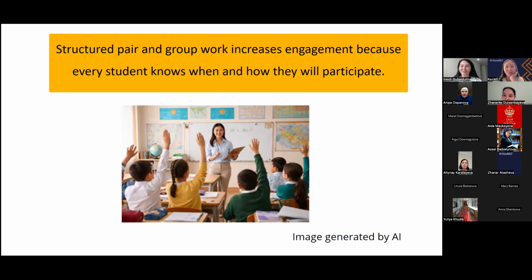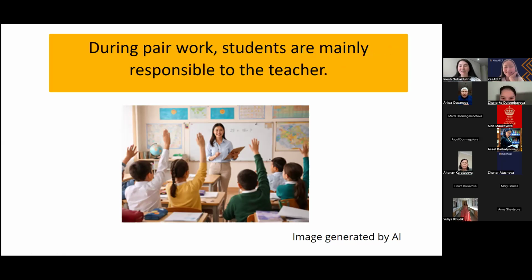Good. It's true. And the last one. During pair work, students are mainly responsible to the teacher. True or false? Thank you. It's false. Good. Thank you very much.